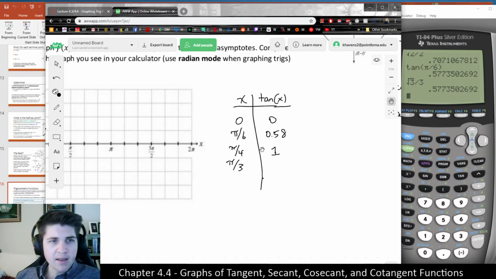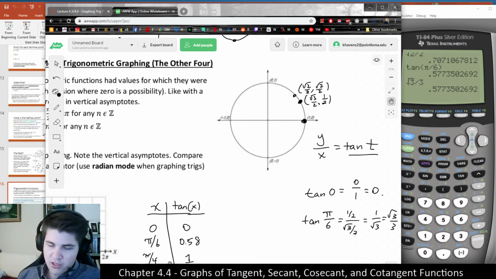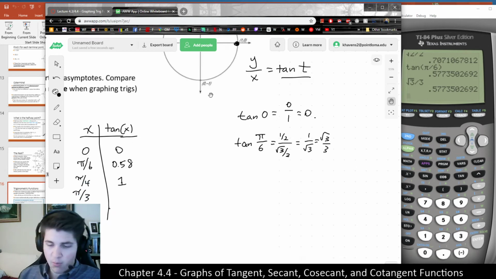And pi over 3 is the next point, which on our unit circle has an x value of 1/2 and a y value of root 3 over 2, which will have a ratio of root 3 over 2 to 1/2. Exactly the reverse ratio of tangent at pi over 6, because it's the flip fraction. Let me go ahead and note that work for what I'm saying, so it's easier to follow what I'm doing.